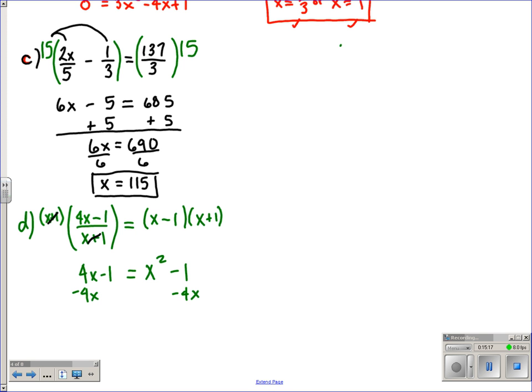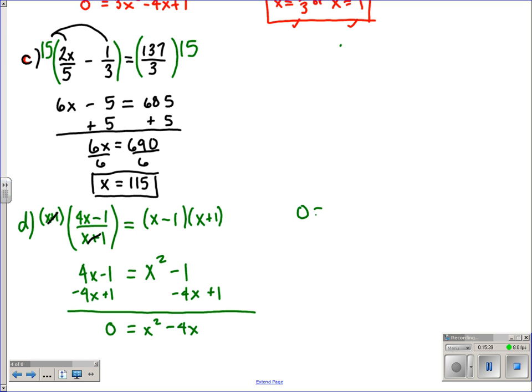Let's add our 1 over here. So what we're going to end up with here is 0 equals x squared, we have minus 4x, and then negative 1 plus 1 is going to give us 0. So 0 equals x squared minus 4x.